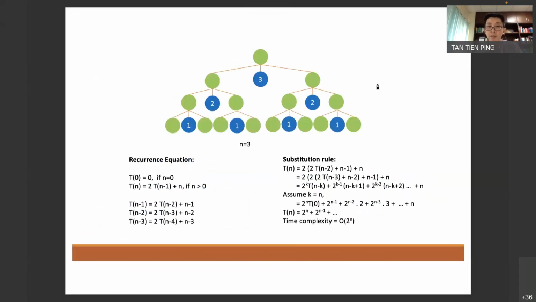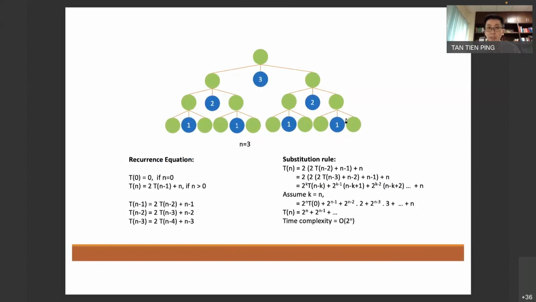If n equals 3, we have something like this: 3 dashes in the middle, and then 2 dashes at the side, and then 1 dash at the side of the 2.